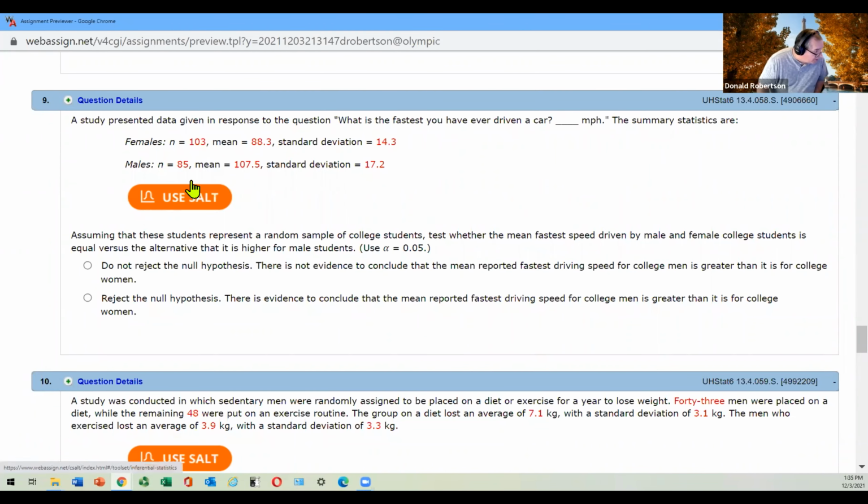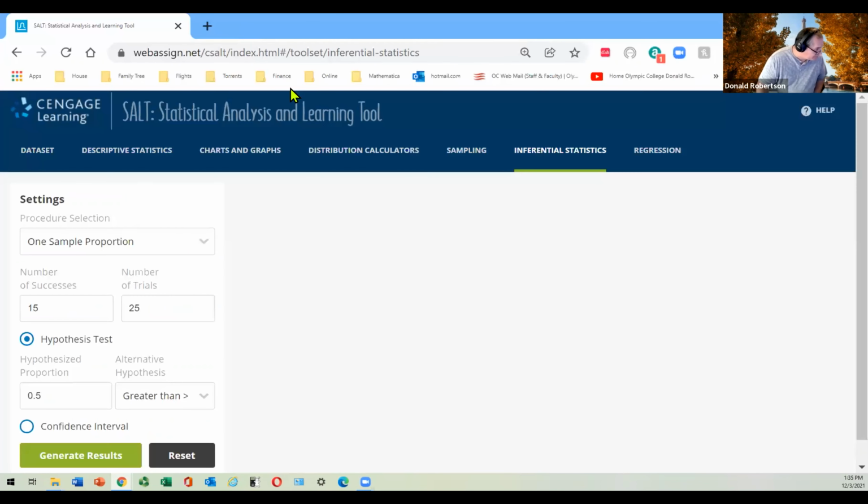And we are going to do a hypothesis test. And when we're finished, it's either there's enough evidence to reject the null hypothesis or there's not. So here goes. And I don't want to hit that button because I know what happened the last time. I'm going to do inferential statistics.